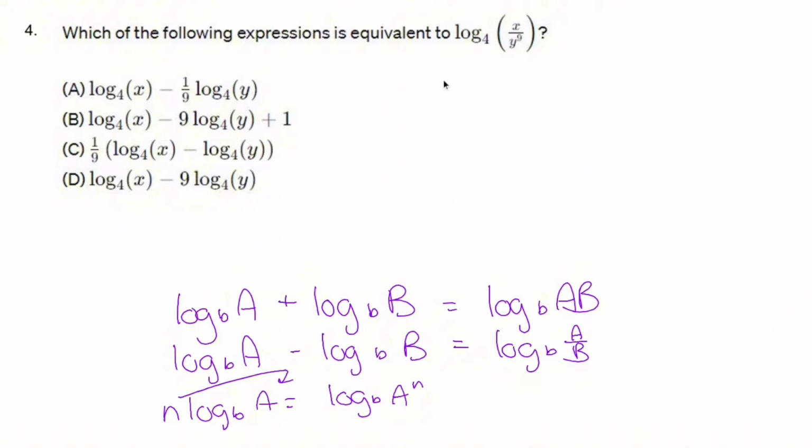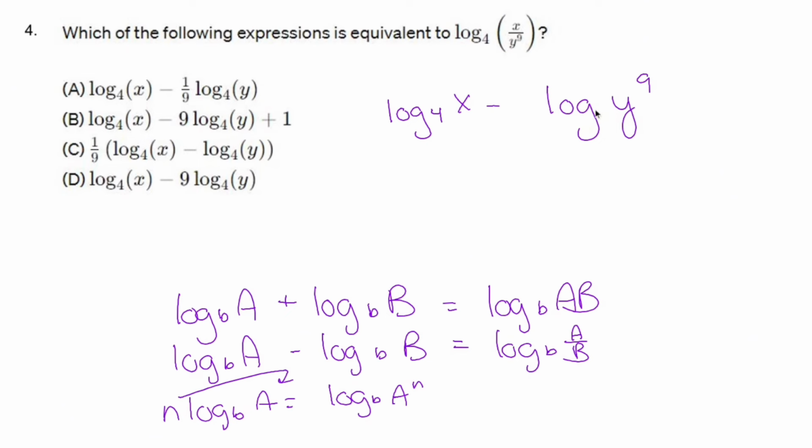This is working backwards. So we have to think, what must have happened to get the insides to be a division and an exponent? Well, we must have had subtraction, and we must have had a number in front of it. So I'm going to split the division part up first, saying in order to get something divided by something, we subtracted those somethings, the denominator part minus the numerator part.